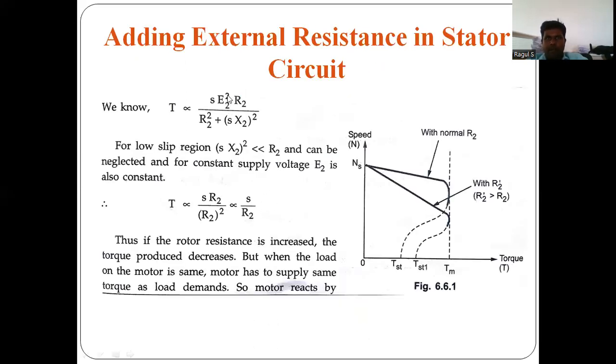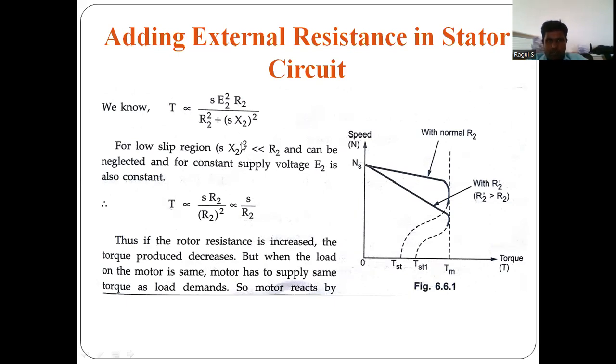If you add external resistance in the circuit, the resistance is inversely proportional to torque. We know the torque equation of the three-phase induction motor. In the denominator there is R2 squared. In low slip regions, R2 is negligible, but in high slip regions, the rotor resistance is considered.